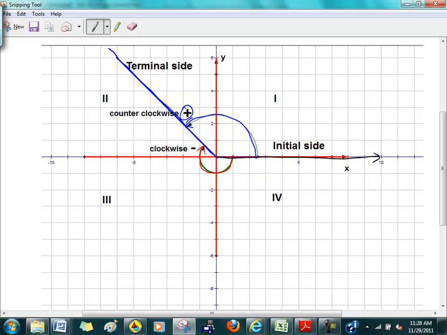The other concept you need to know about angles in pre-calc is that the terminal side ends up in one of 4 quadrants: quadrants 1, 2, 3, and 4, labeled as such. If I were to estimate, I'd say the blue angle looks like 120 degrees. Notice that if it's positive, you don't necessarily say plus.